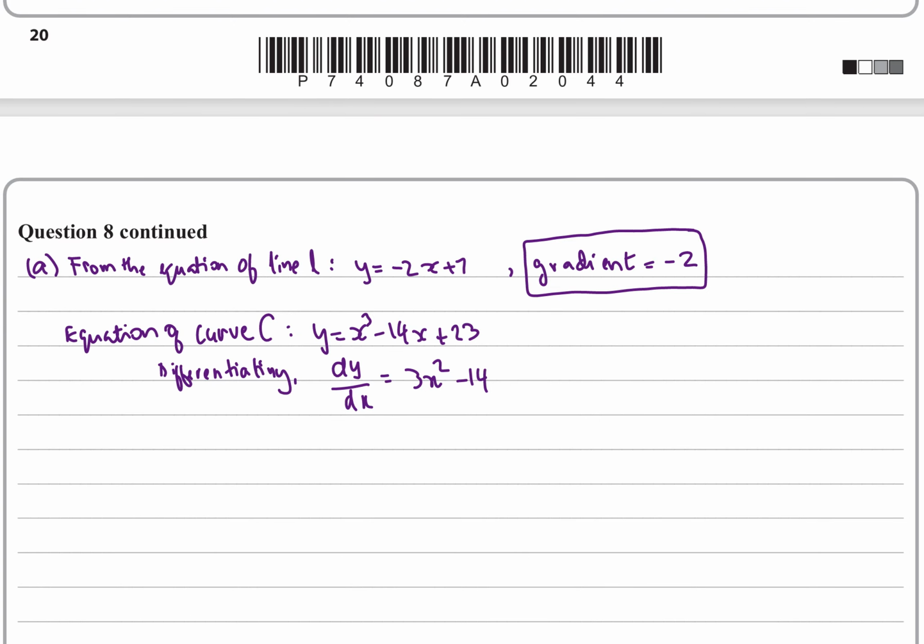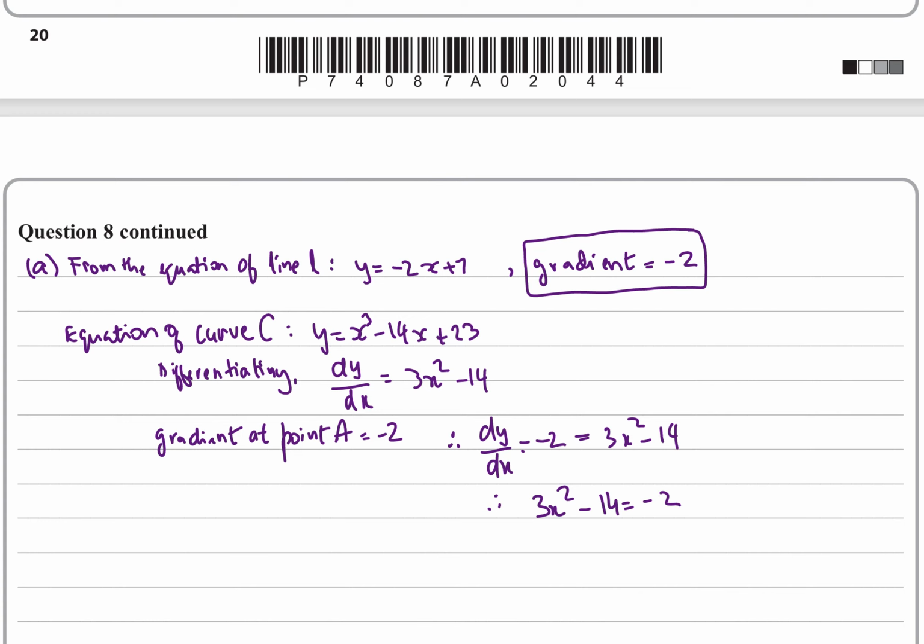Now the gradient at the point A is -2. Therefore dy over dx is equal to -2, and that is equal to 3x squared minus 14. So 3x squared minus 14 is equal to -2.